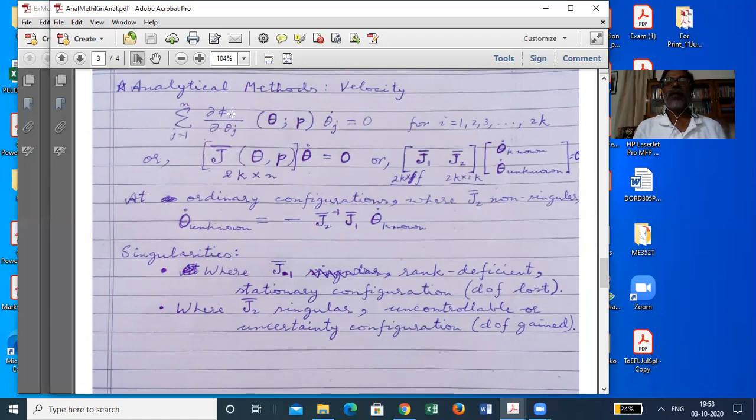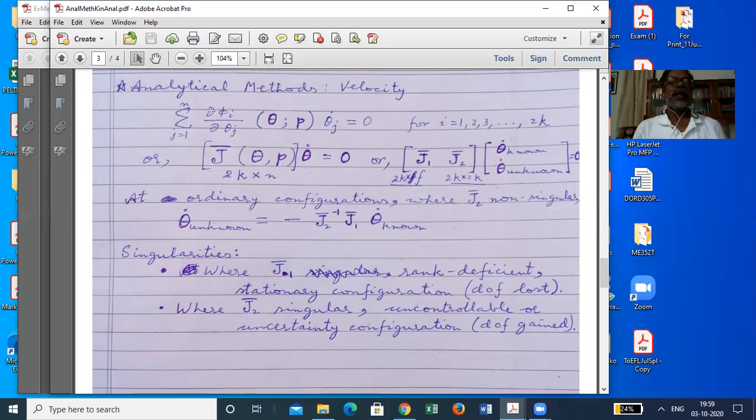For i equal to 1, 2, 3, 4 up to 2k, you will have 2k such equations. And now all the positions are solved, because only after solving all the positions can you talk of solution of velocities. Then here all the velocity quantities are there, and this will be a homogeneous equation, because velocity transformation is purely linear. So on this side it is 0, not even a constant.